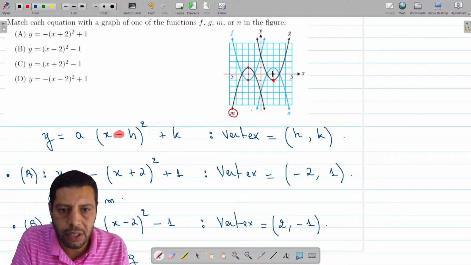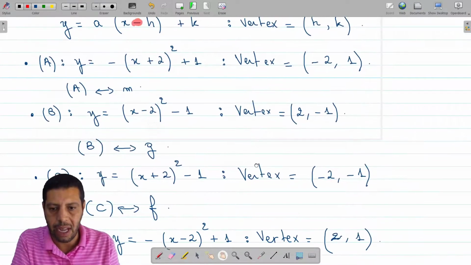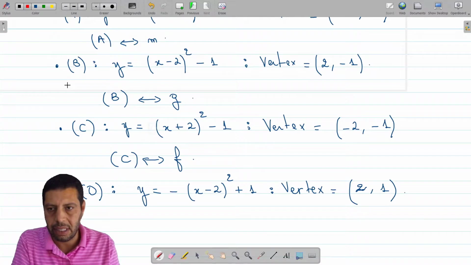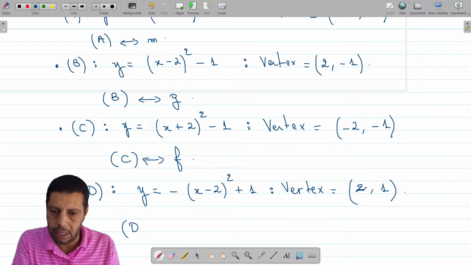So 2 for x, 1 for y, which corresponds to this vertex, which belongs to the graph n, and we have our correct result. You can check that each graph is matched to one equation. So D is matched to n.